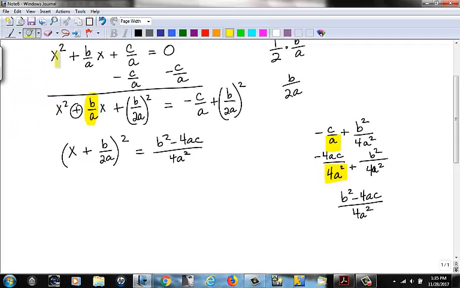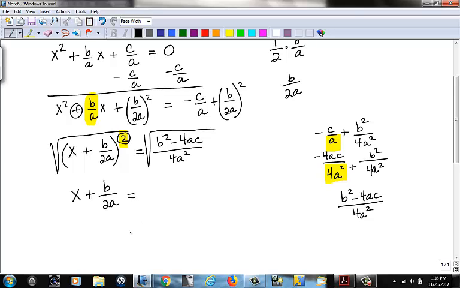Okay, now you need to get rid of this squared. Take the square root of both sides. And when you do that, it goes over the whole thing. Okay? Top and bottom. Okay, all that's going to do on the left side is it's going to get rid of that squared term. So you'd have x plus b over 2a equals.